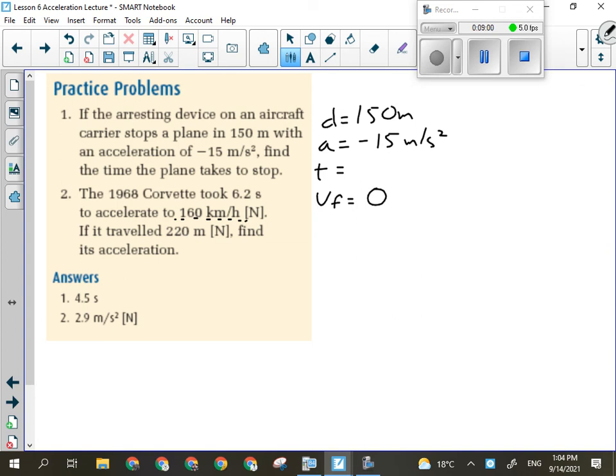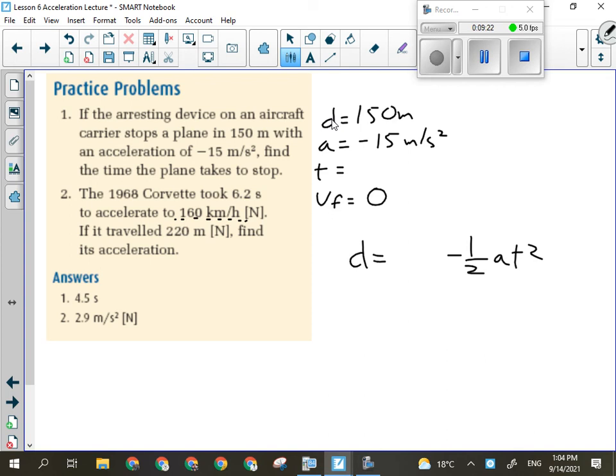So here's what we've got. D equals VF times T minus 1/2 AT squared. VF times T is 0, so I'm going to get rid of it, but I'm going to leave the negative.